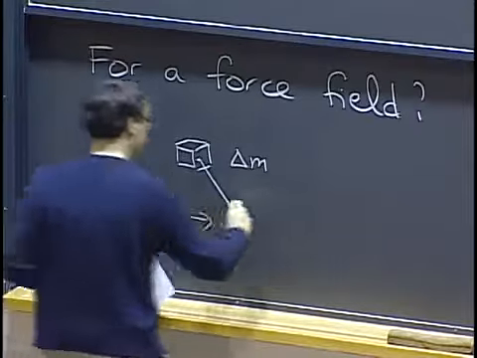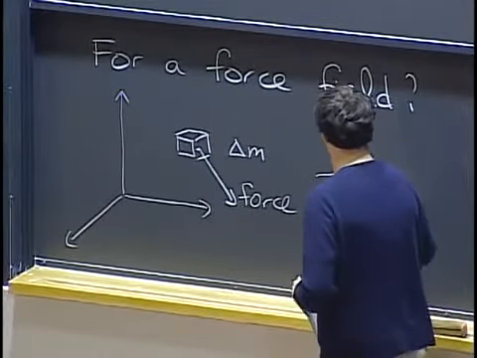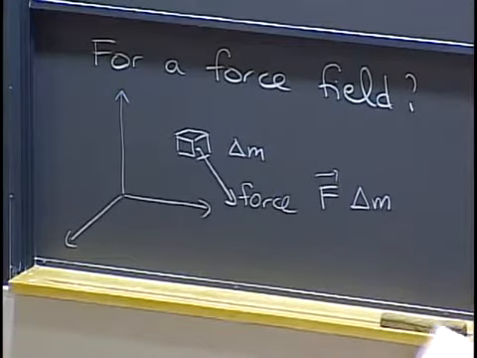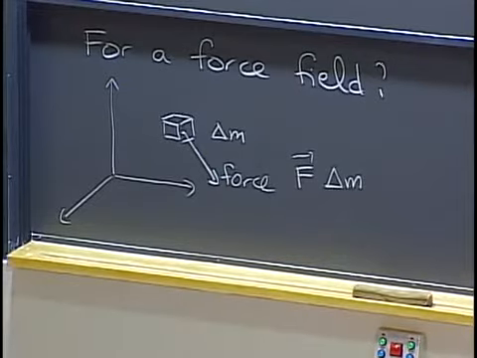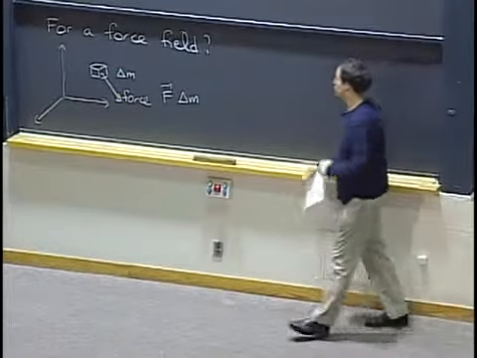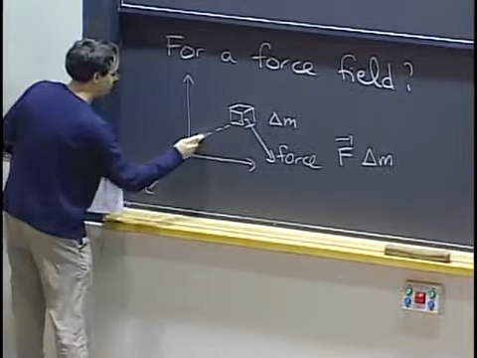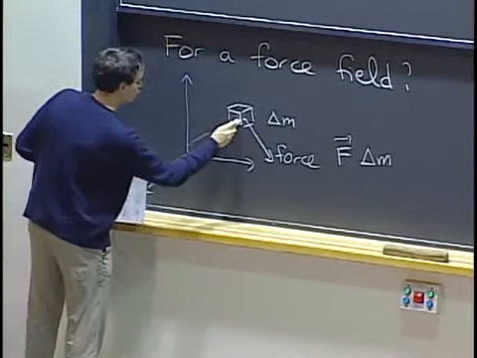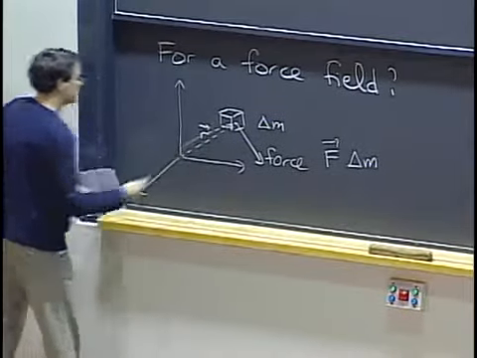Let's say my force is F times delta m. If you think, for example, of a gravitational field, the gravitational force is the gravitational field times the mass. You can forget delta m if you don't like it. And the position vector r is here.